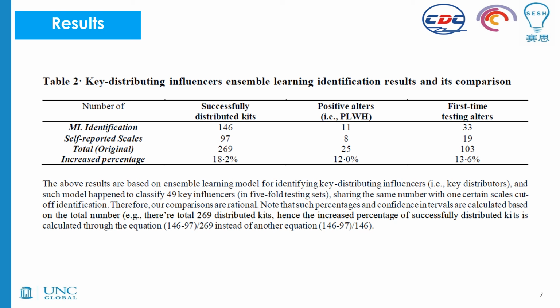Such a comparison is comparable, and we could see that the machine learning approach could distribute more kits, could help us find more positive alters, and could help us find more newly tested alters.